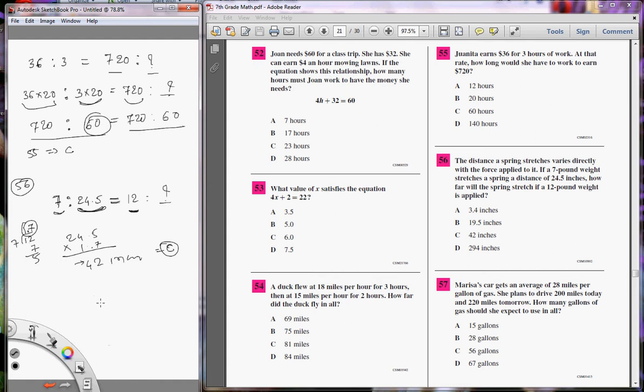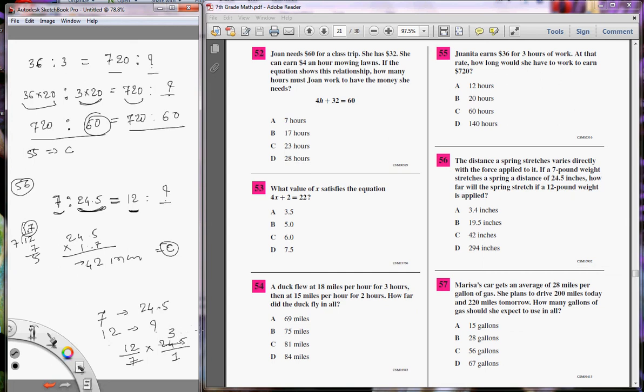The other way you can solve this question is to write the equation. If I apply the 7 pound pressure, the spring extends to 24.5, so how much will it extend if I apply 12? So it can be written as 12 over 7 times 24.5 over 1.